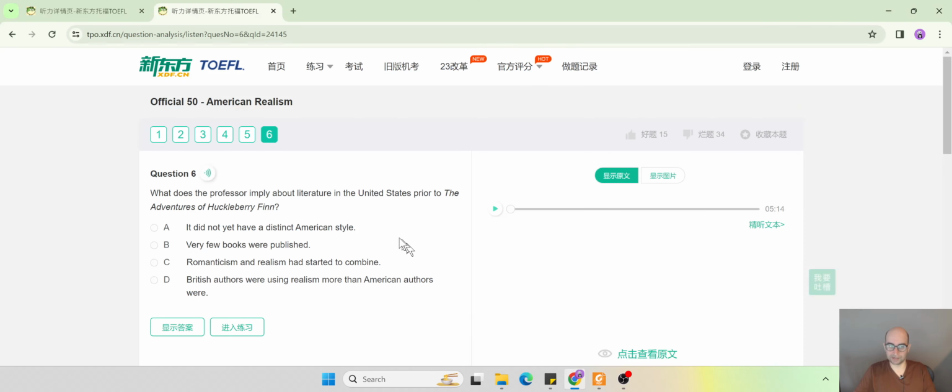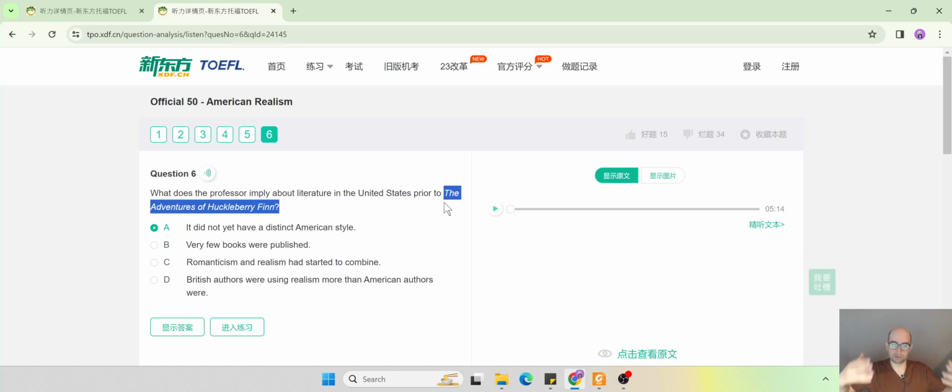So how is this going to help me? Let's see. Choice A, it did not yet have a distinct American style. What didn't it have, right? They're referring to literature in the United States. That's true. Choice A is the right answer because they said prior to The Adventures of Huckleberry Finn.